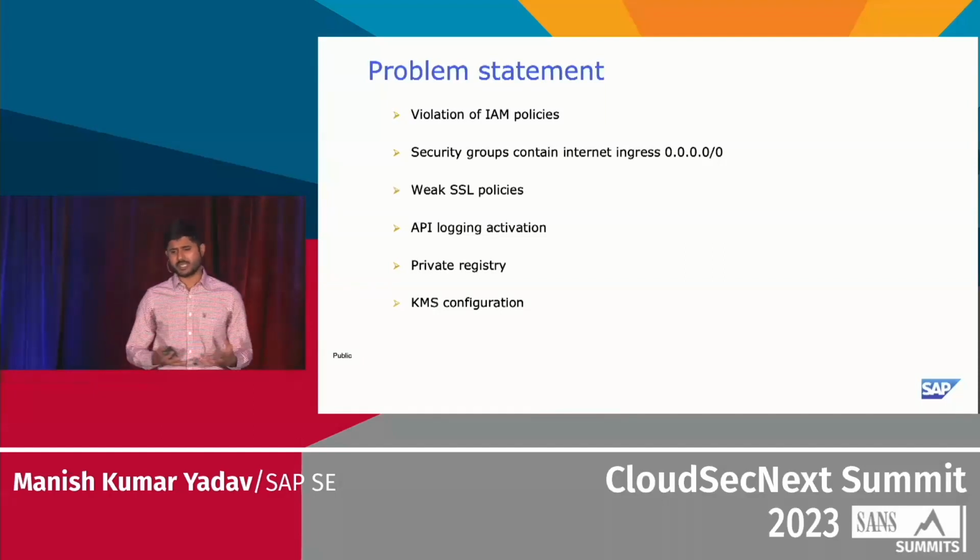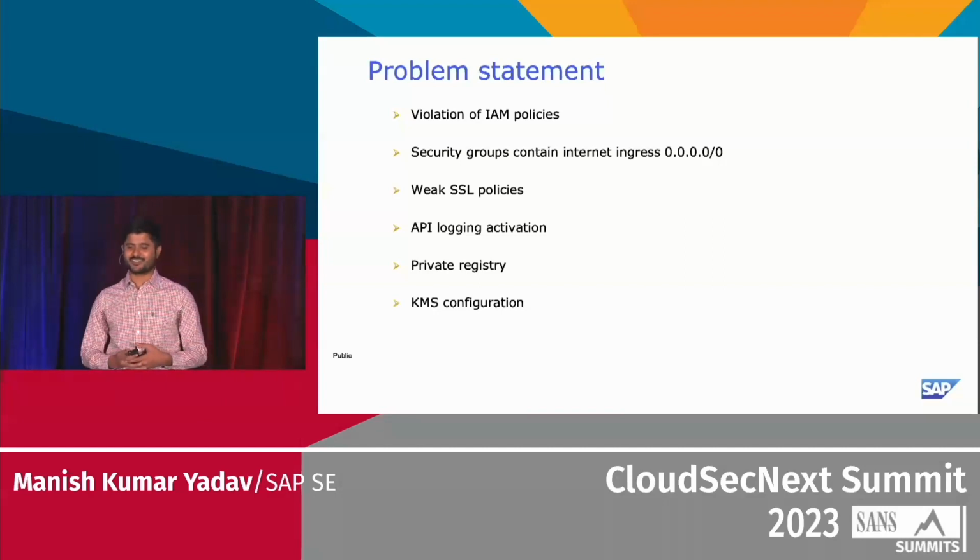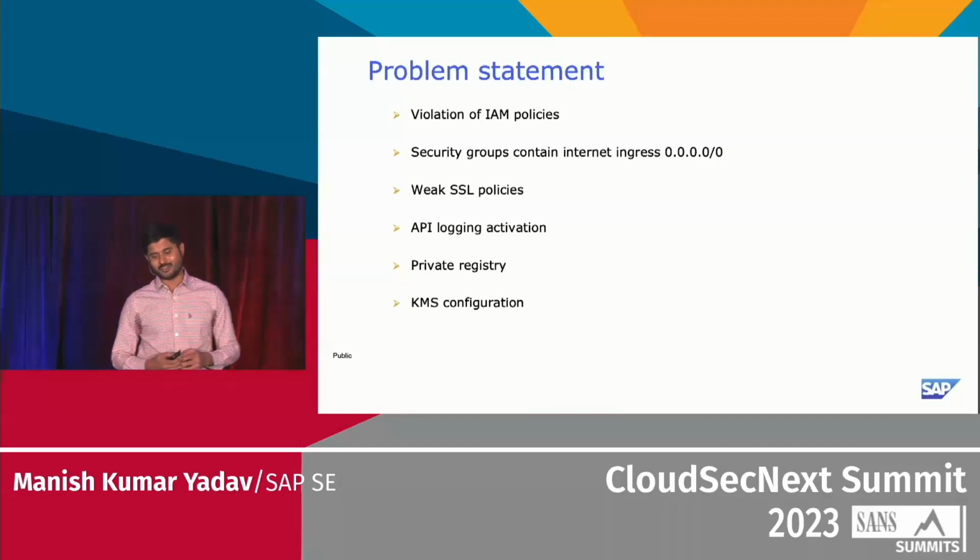And these are some of the examples you can see here: the violation of IAM policies, or maybe somebody has a fantasy to create a security group where they say, okay, look, I don't know about security, I'm going to allow all the ports and all the IPs. And it's really hard to explain to the team.